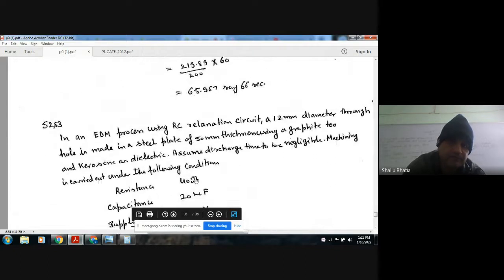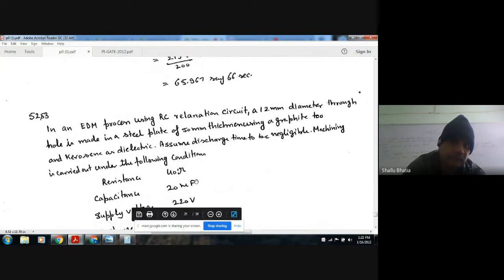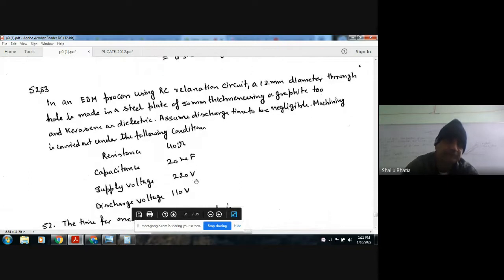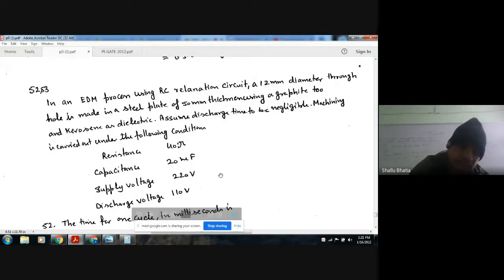Next, questions 52 and 53. In an EDM process using an RC relaxation circuit, a 12 mm diameter through hole is made in a steel plate of 50 mm thickness using a graphite tool and kerosene as dielectric fluid. Assume the discharge time to be negligible.